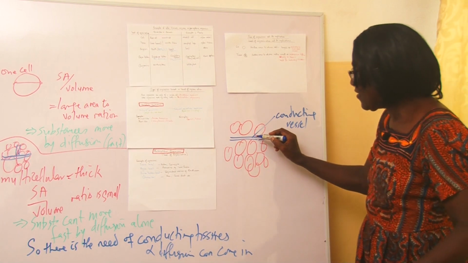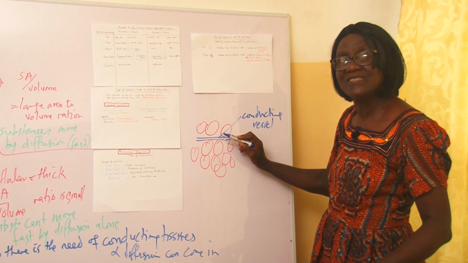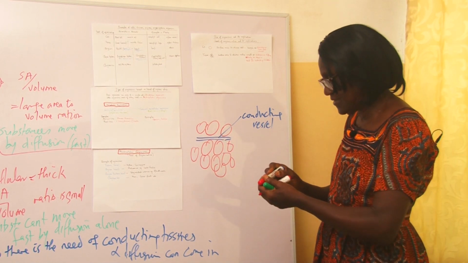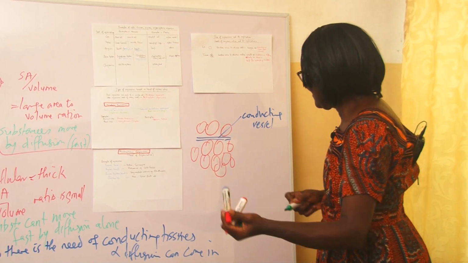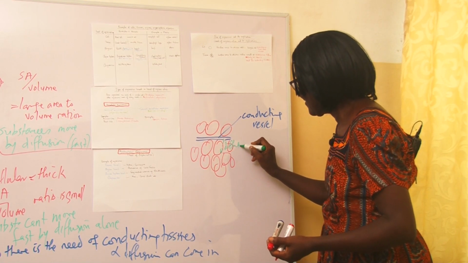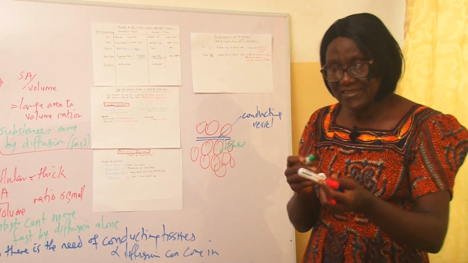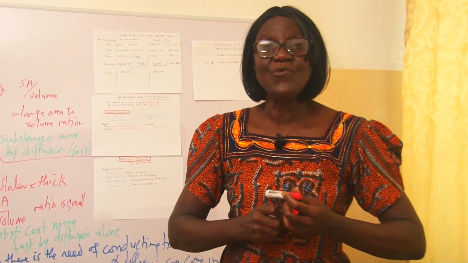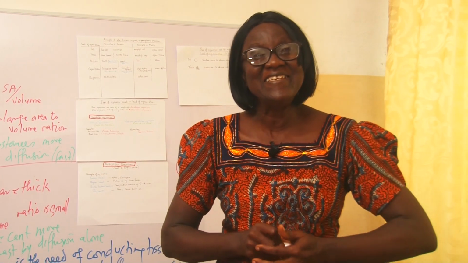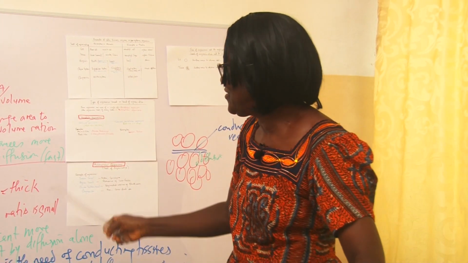And when the conducting vessel has brought substances close to the cell, then diffusion can take place. So that is the implication. Once you are thick and have higher levels of organization, there's the need for conducting tissues.